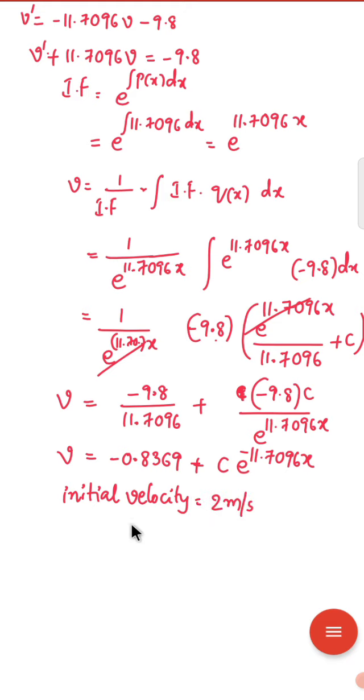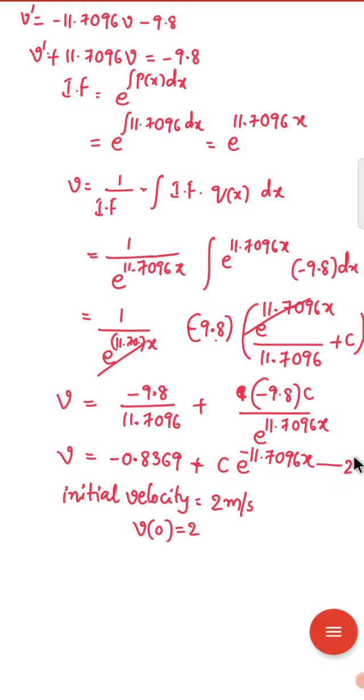That means velocity v at a time 0 is nothing but 2. So when you substitute this one, v of 0, substitute 0 for x wherever in the equation.